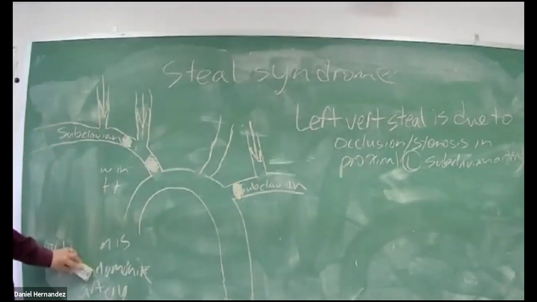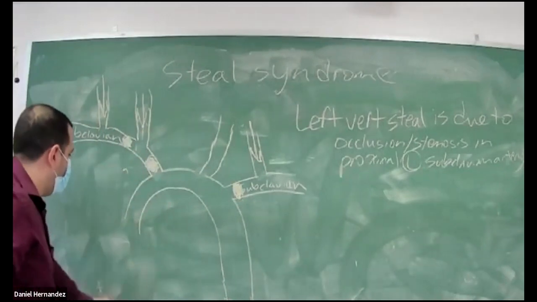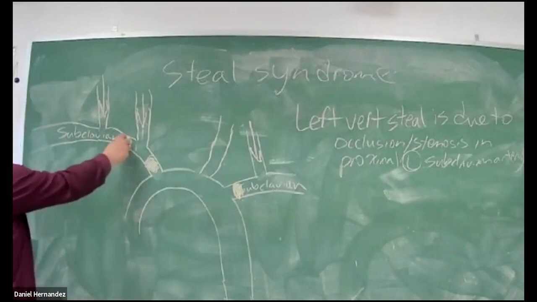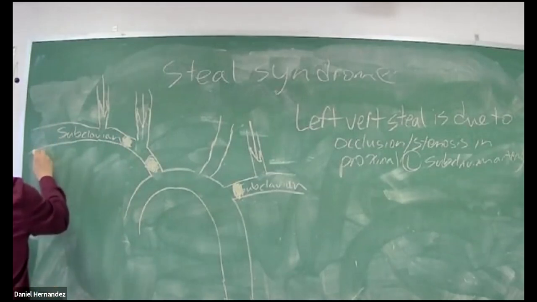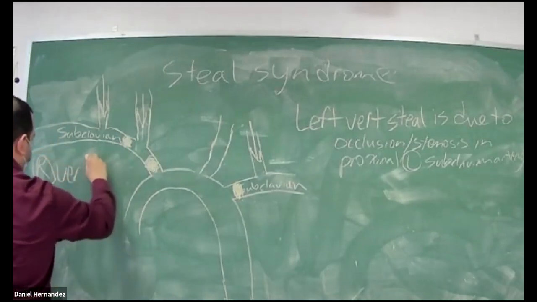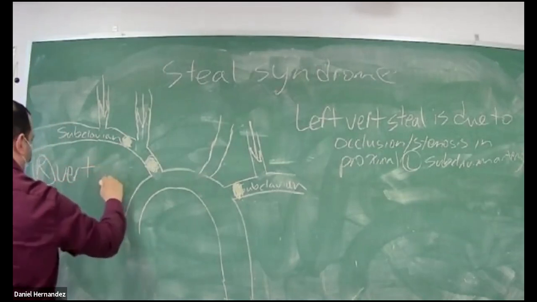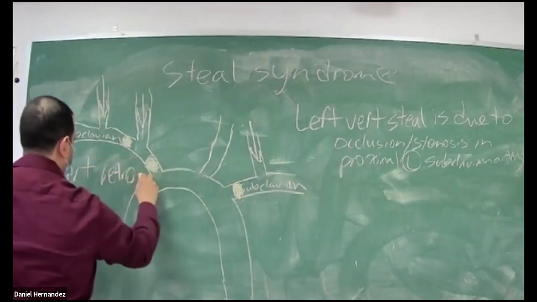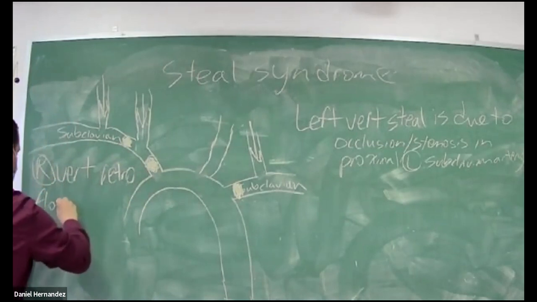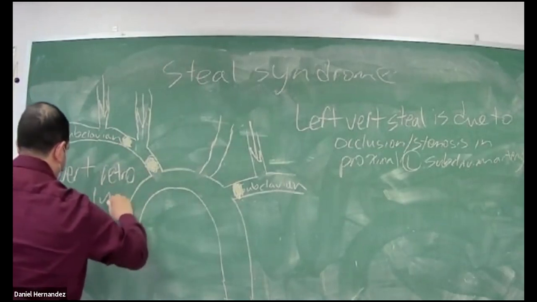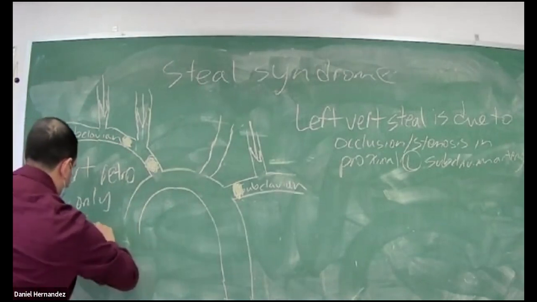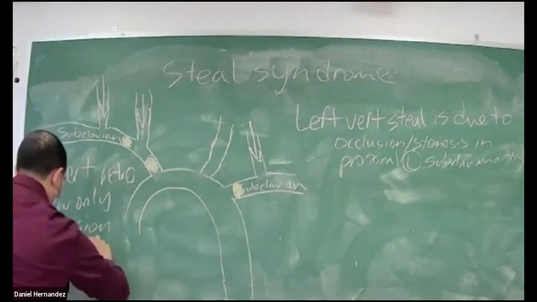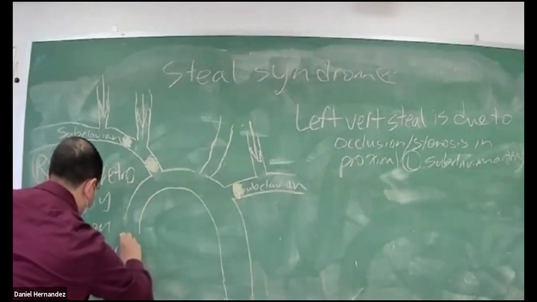Retrograde flow only seen in the right vertebral: the occlusion is going to be in that proximal right subclavian artery.